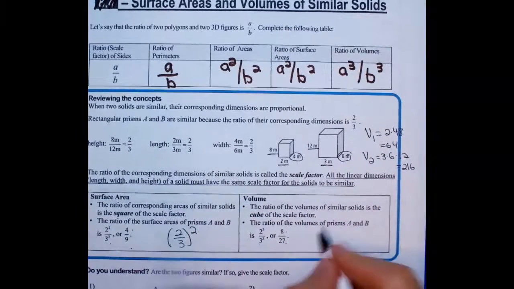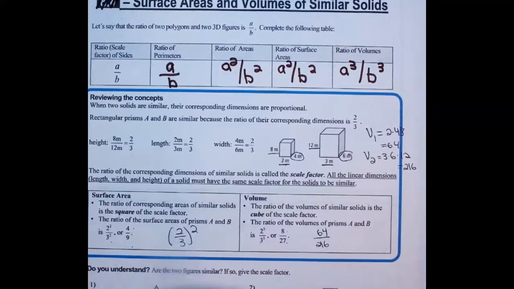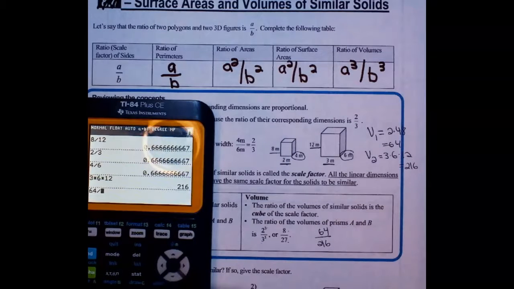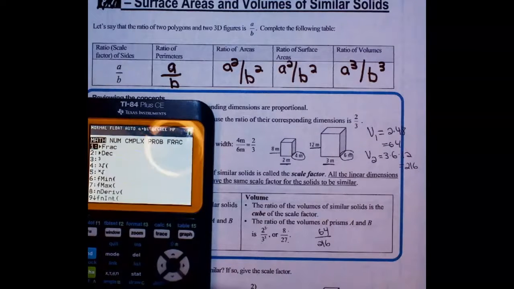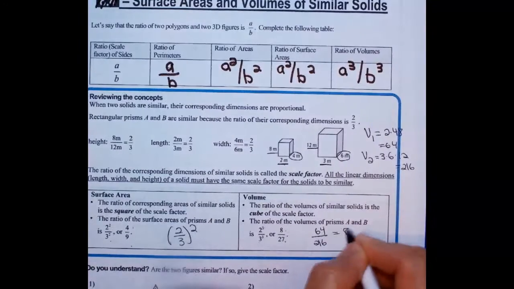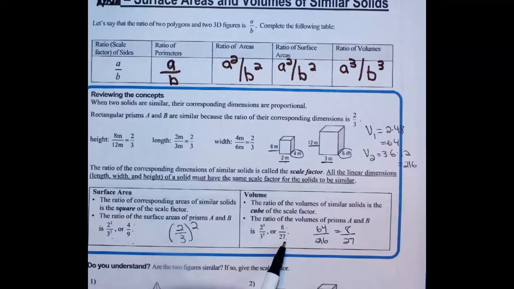So it should be, if I look at 64 over 216, and let's just reduce that, 64 divided by 216, I end up with 8 over 27, which is what I thought it should be based on that rule above.